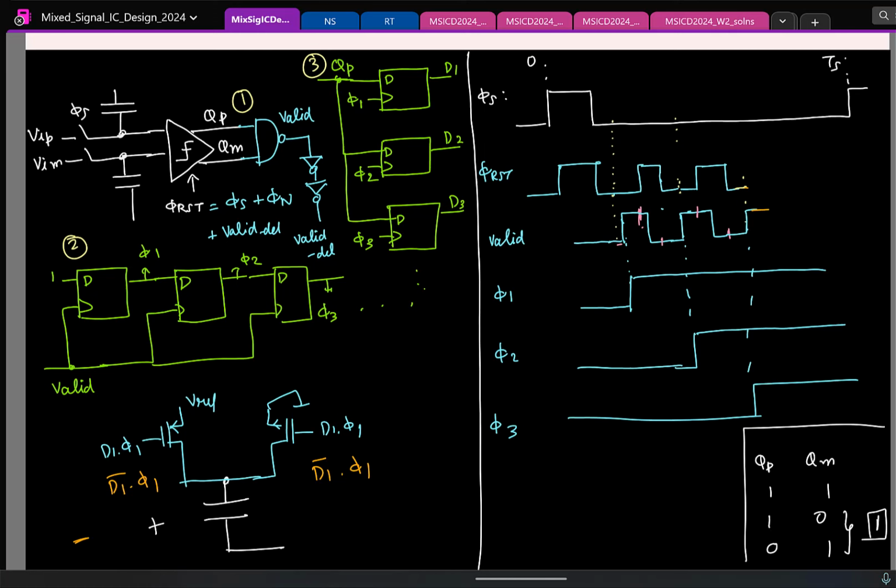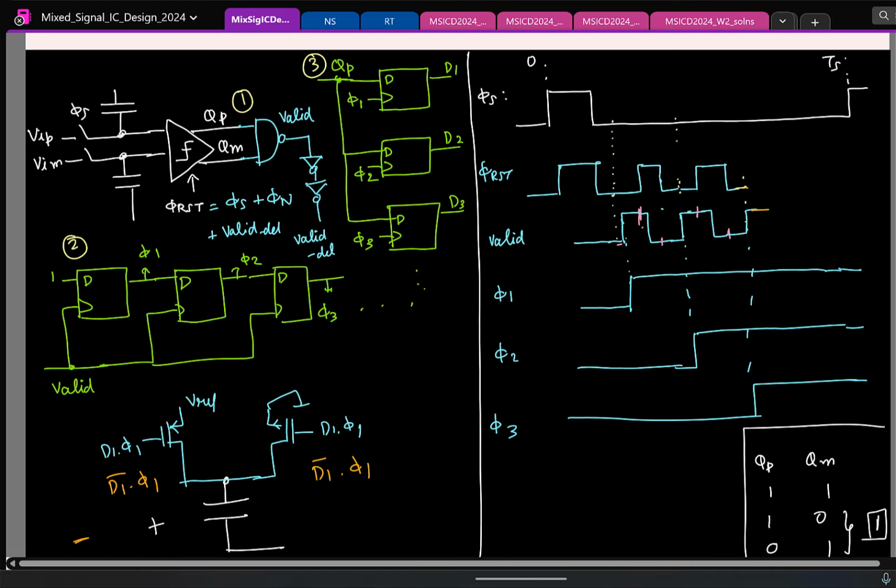Fine. One more last point, which is the following. Remember that these clocks, we assume that they start from 0 when we start the conversion, but now it looks like all of them are at 1. So in the next sampling phase they will start at 1. That is not something you want. So when the signal is getting sampled, what do you want to do to these clocks? You want them to go to 0, and these are generated by flip-flops.